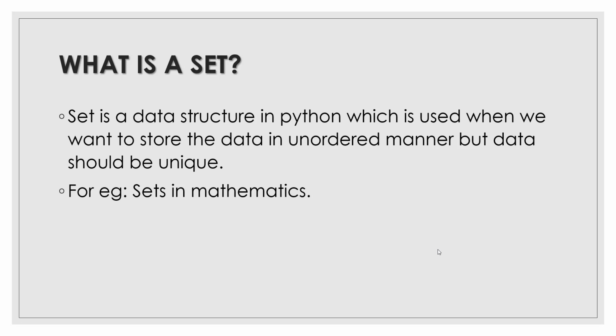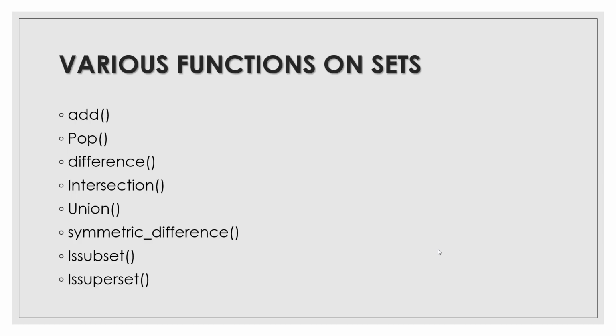For example, if we have element 1 which is repeated 5 times, and if we want to print it, 1 will be printed only once. There are also various functions that we can implement on a set, and those are add, pop, difference, intersection, union, symmetric difference, subset, and superset.